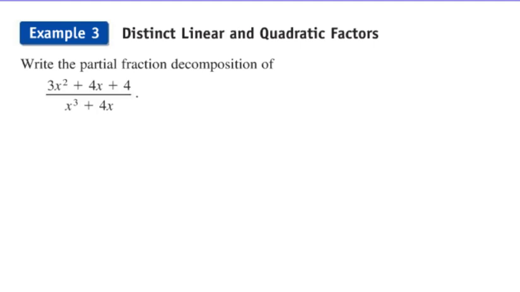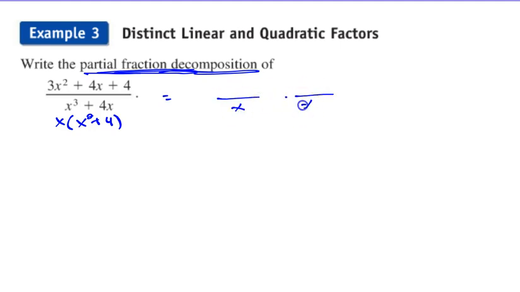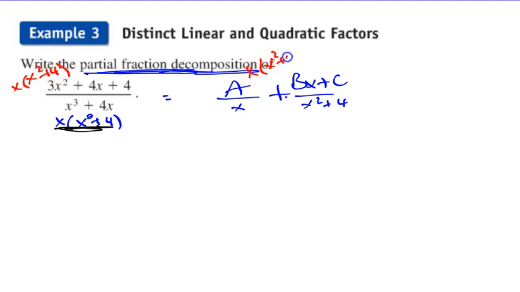So working a problem out in its entirety, because all we were doing is setting up, as a first step I would try to factor. This is going to give me x and x squared plus 4. This is an A, this is a Bx plus C term. I'd multiply everything through by the common denominator, which in this case is x squared plus 4. I'd write it on every term, x squared plus 4.